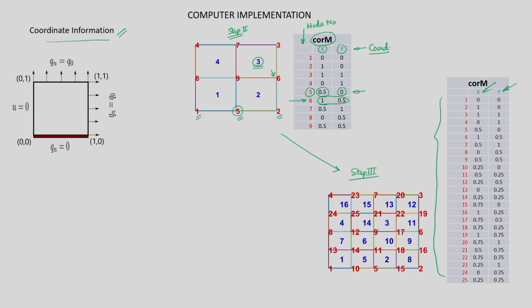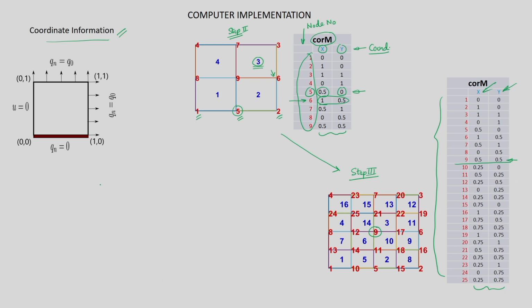So, as you see, if I go to node number 9, the 9th row gives us the coordinate as 0.5, 0.5, alright. So, this information will be stored in the coordinate matrix, and in this case we are actually not storing the first column, because we know that the fifth node corresponds to the fifth row. So, we will store only this n by 2 matrix in each of the cases.